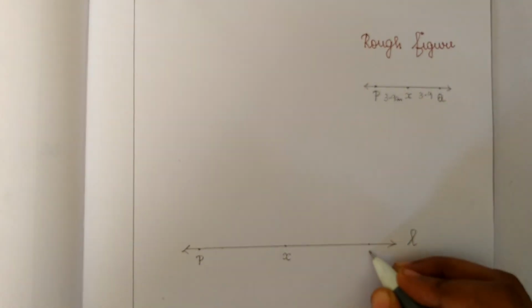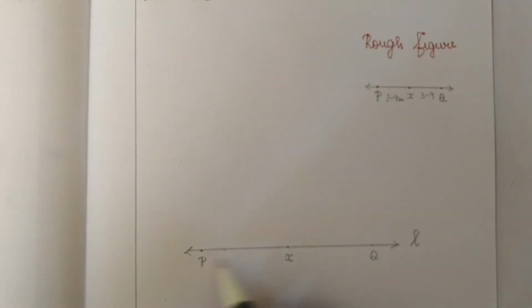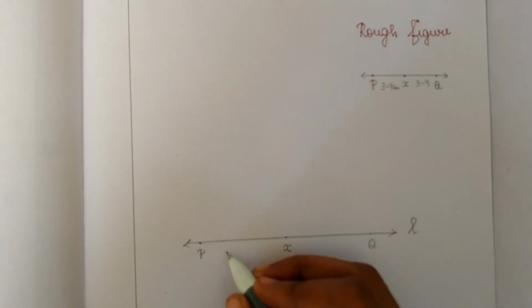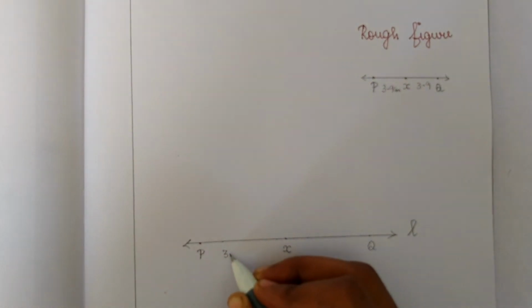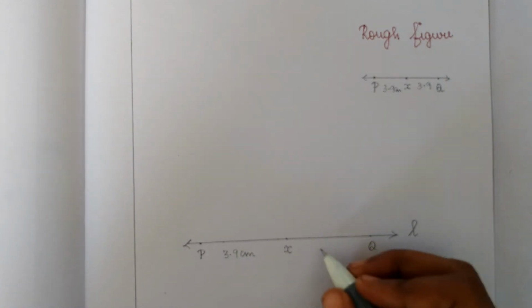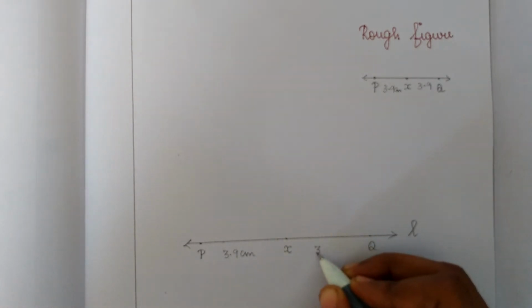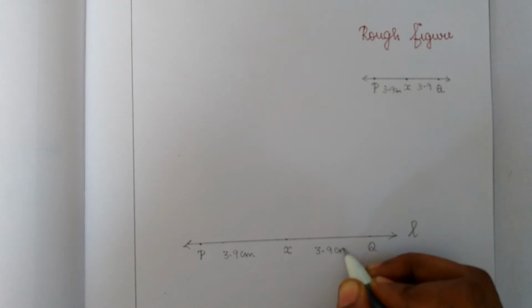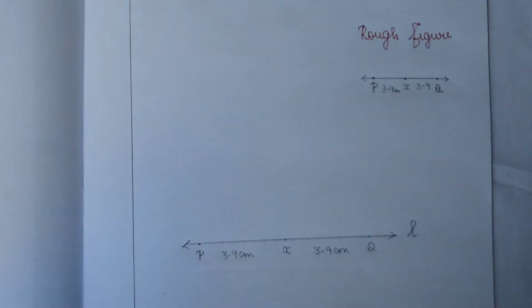So mark it as Q. So the value of line segment PX is 3.9 centimeter and line segment XQ is also 3.9 centimeter. Are you clear what I am saying?